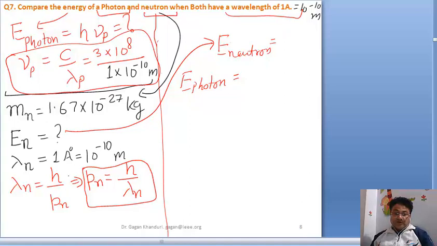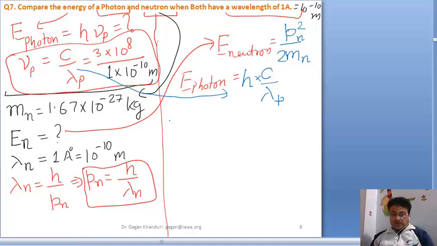Energy of neutron: the formula that we can use here is kinetic energy, which can be given as p square by 2m. So if I find out the momentum of neutron and mass of neutron, I can get its energy. What about energy of photon? I already know h, and if I find out nu, that is frequency, I will find out the energy of photon too.